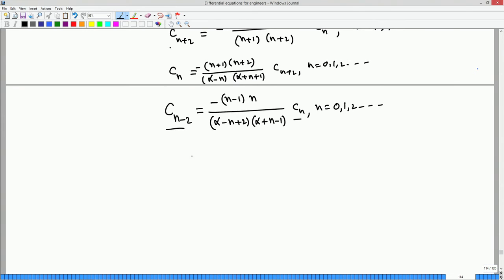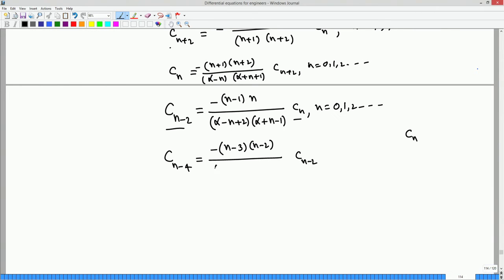Okay. So, we use this Cn, this is the coefficient of, so if you try to get all these Cn minus 2, Cn minus 4 and so on, let us see what is my Cn minus 4, this is going to be minus n minus 2 here. So, n minus 3, n minus 2, okay, divided by Cn minus 2.